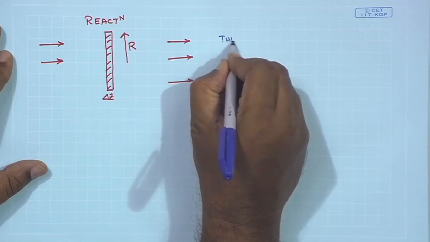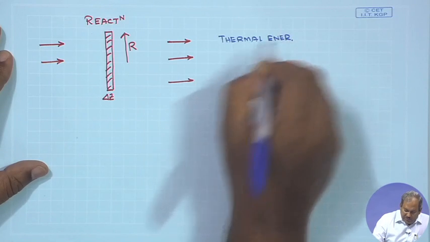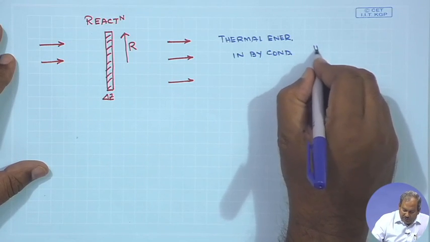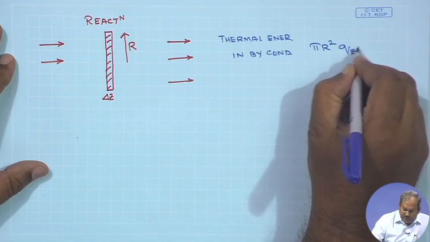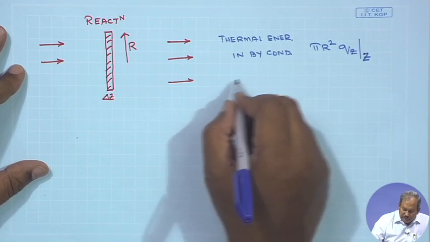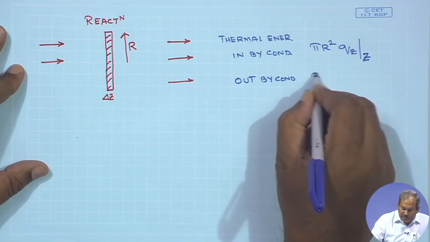The area is simply pi r square, and we denote the conductive heat flux by Q suffix Z, evaluated at a location Z. So, the thermal energy which comes in by conduction would simply be equal to area pi r square times Q Z, the conductive heat flux, evaluated at a location Z, and the thermal energy out again by conduction would simply be equal to the same thing.